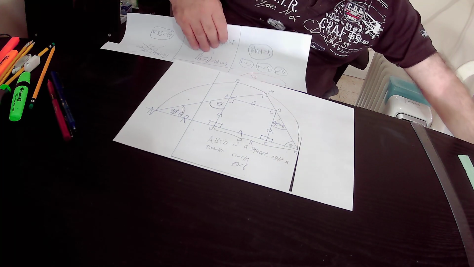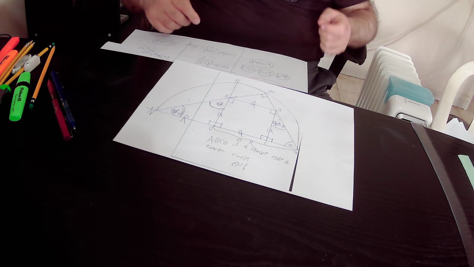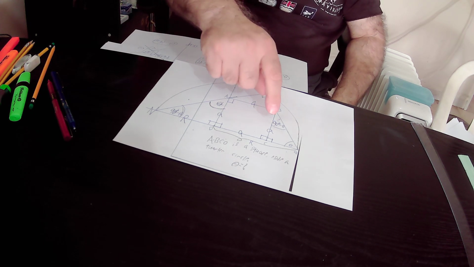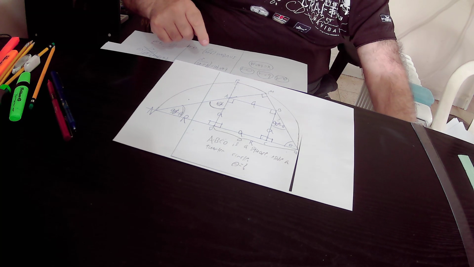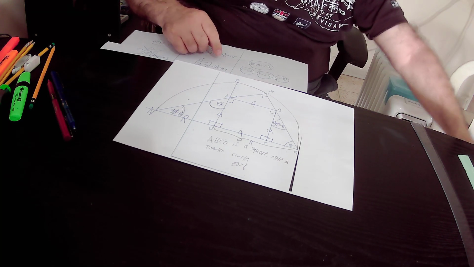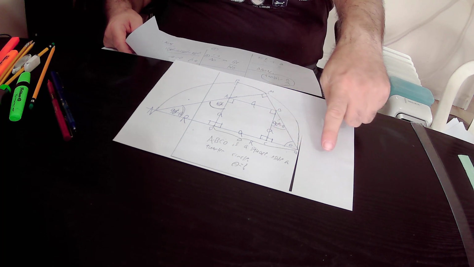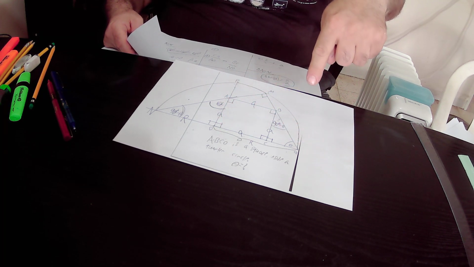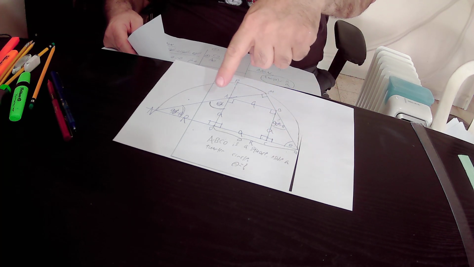And from the fact that those two triangles are similar to each other, we conclude that CQ over AO is equal to BC over ON.